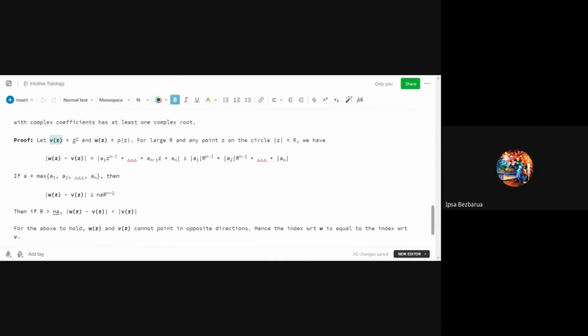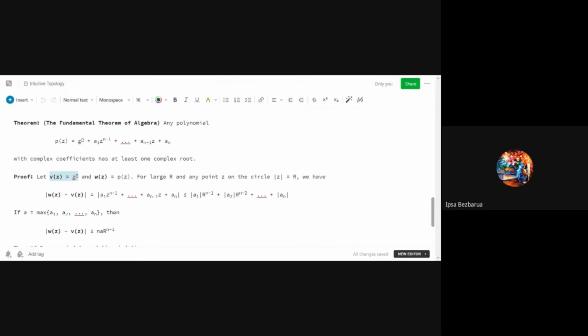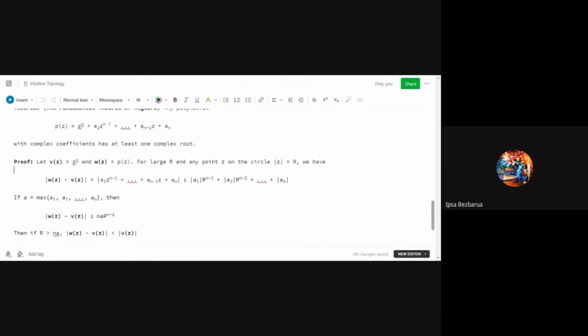So I take two vector fields, v of z, which is z to the n, where n is the same as the degree of the polynomial, and w of z, where the value of the vector field at the point z is given by p of z. Now I take a large r, a large radius, as large as I want; I'll calculate a precise value later.